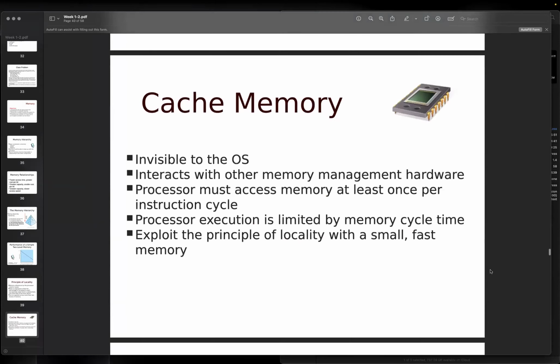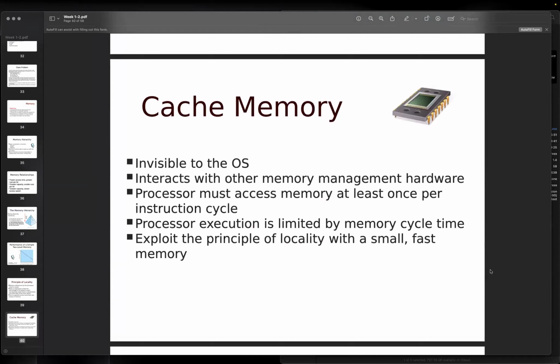Another one, as we move on, is called cache memory. You need to know one feature: cache is invisible to the OS, and it interacts well with other memory management hardware. The processor must access memory at least once per instruction cycle, because we need to load the instruction from memory to the CPU, process it, and then put the result back to memory.